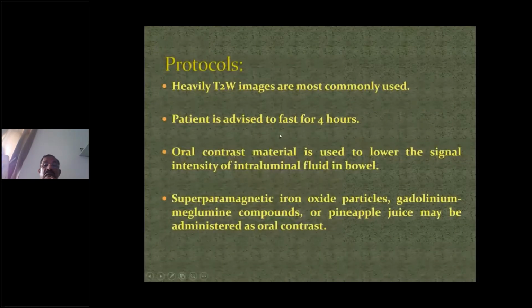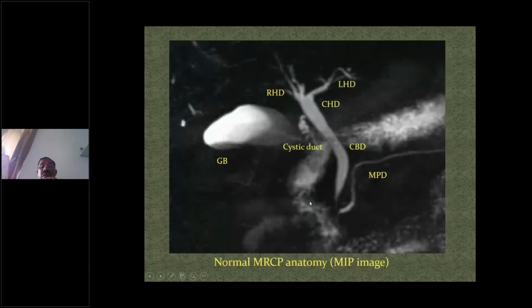The patient is advised to fast for 4 hours, and it's usually optional, but normally it is preferable to give oral contrast to lower the signal intensity of intraluminal fluid in the bowel and reduce artifacts of the bowel. Different agents like superparamagnetic iron oxide particles, gadolinium, meglumine compounds, or simple pineapple juice may be administered as oral contrast.